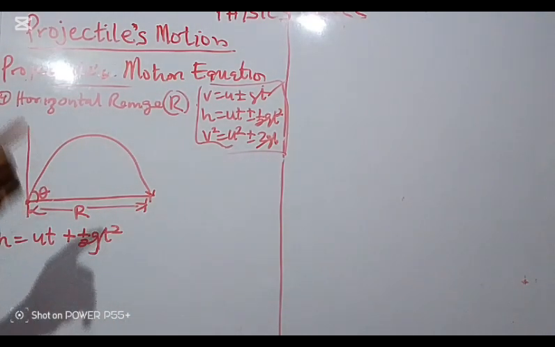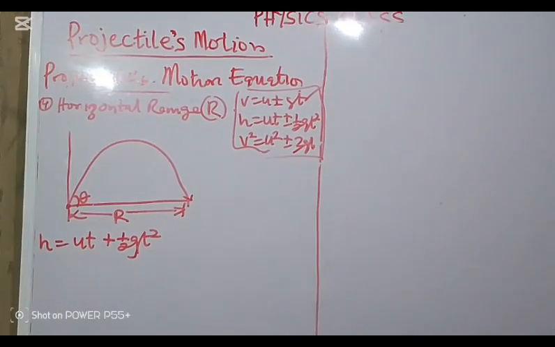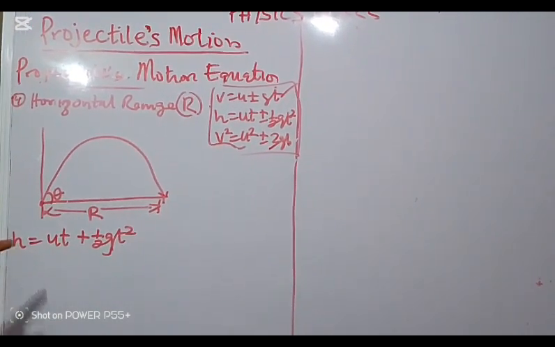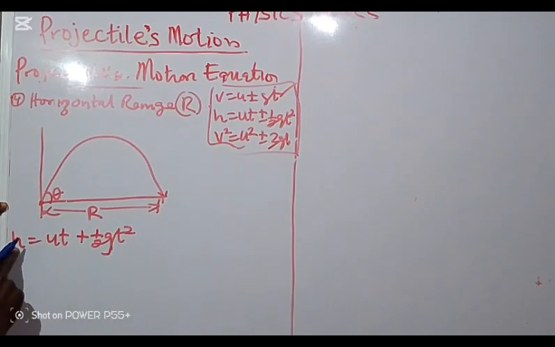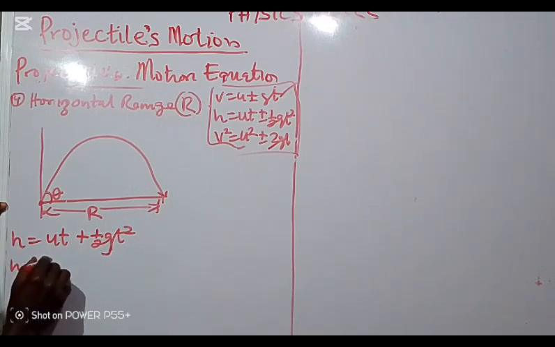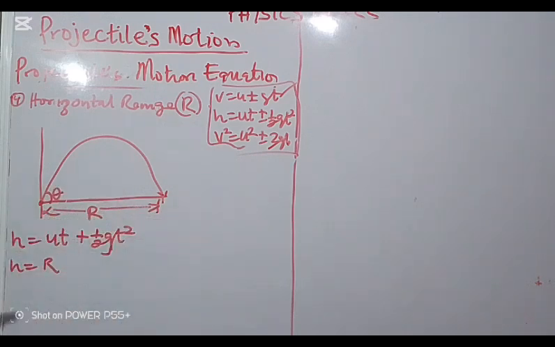Let's now relate it to projectile motion. We said horizontal range, not vertical height. So this our h, we change to R, because we define horizontal range as horizontal distance.